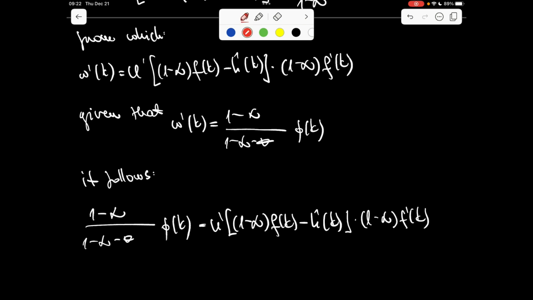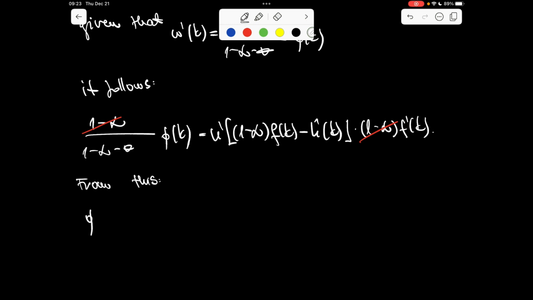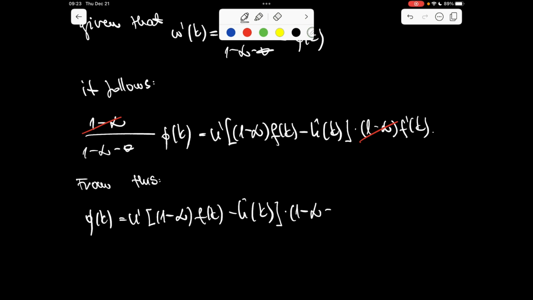And now we can get rid of these two terms. So it works. From this, we get that this equation holds, which is the same as the first order.